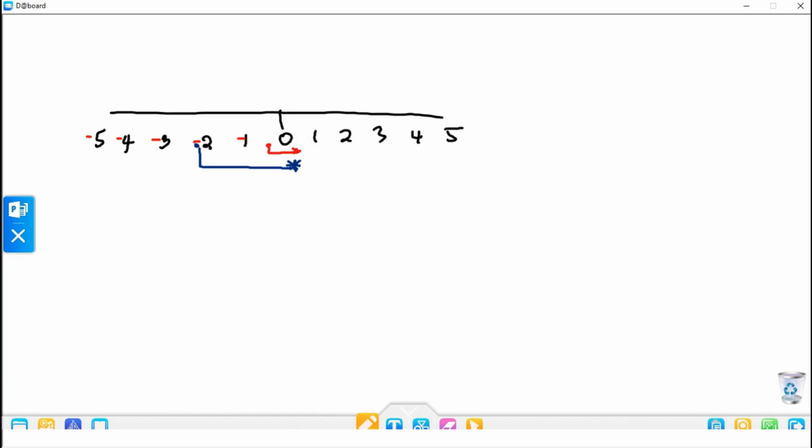So minus 0.44 is much closer to the positive values than minus 2.37.